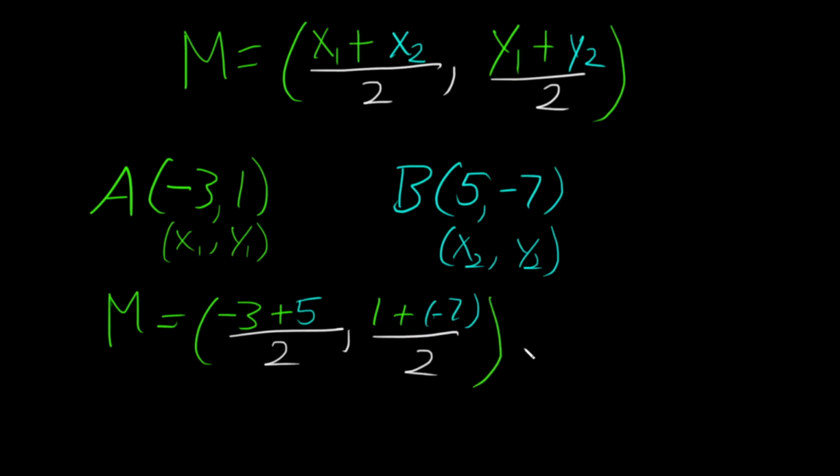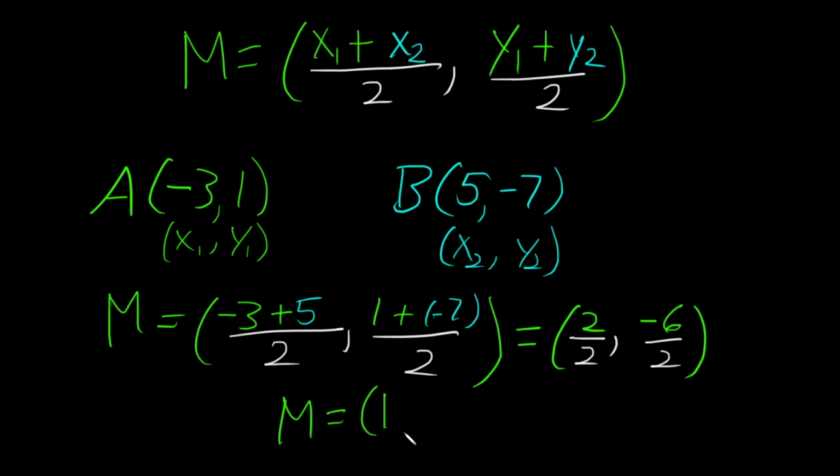And we solve like before. -3 plus 5 gives us 2, and that's over 2, comma, and then 1 plus -7 is like subtracting 7 from 1, and that gives us -6 over 2. Finally, we'll simplify. So our midpoint is equal to 2 over 2, which is just 1, comma, -6 over 2, which is -3.